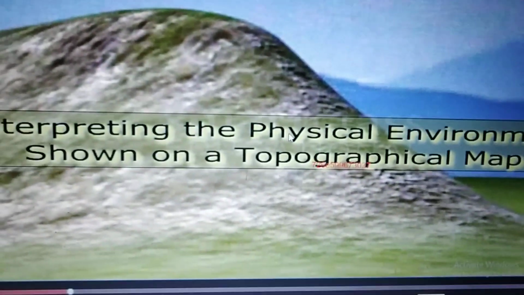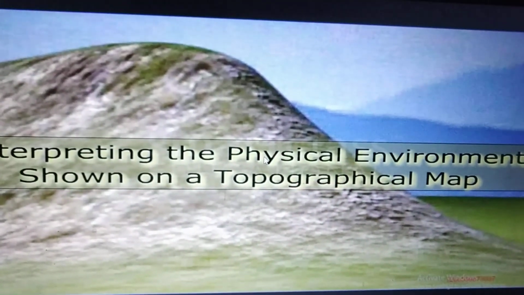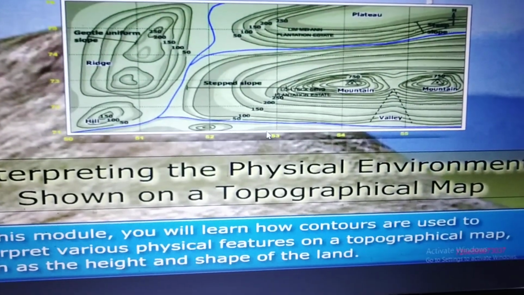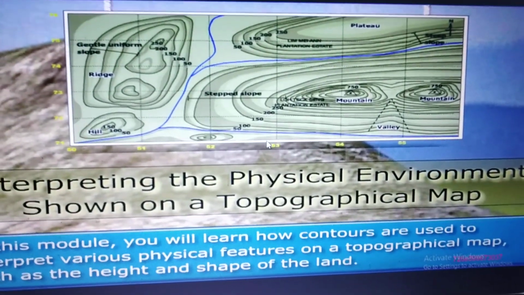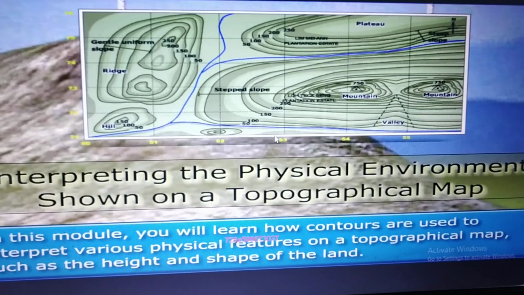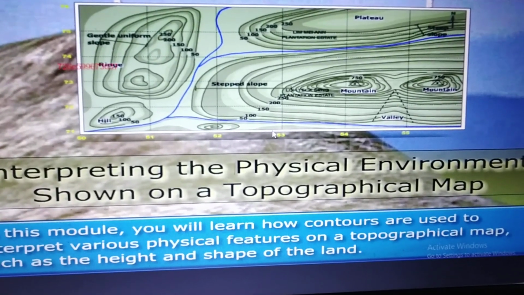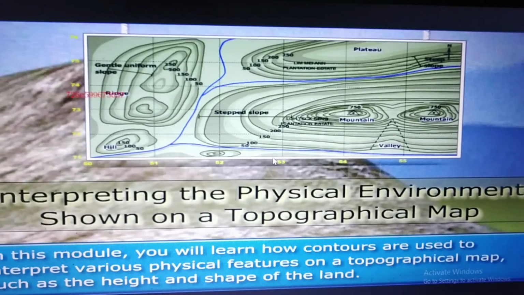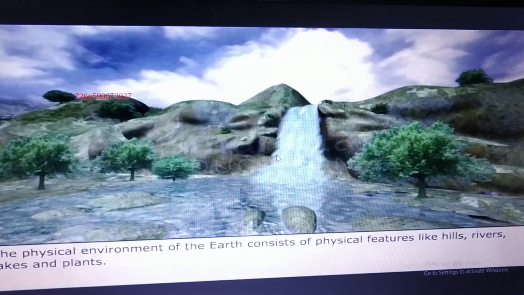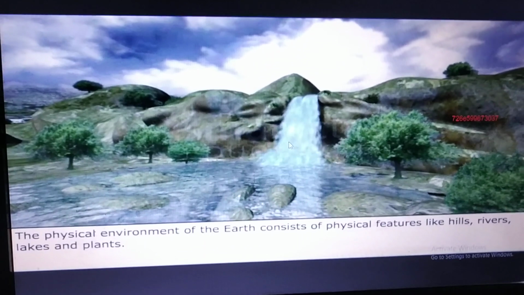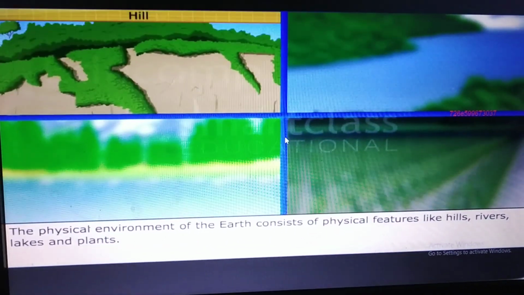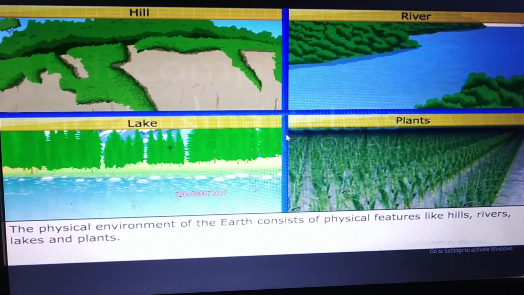Interpreting the physical environment shown on a topographical map. In this module, you will learn how contours are used to interpret various physical features on a topographical map, such as the height and shape of the land. The physical environment of the Earth consists of many physical features like hills, rivers, lakes, and plants.